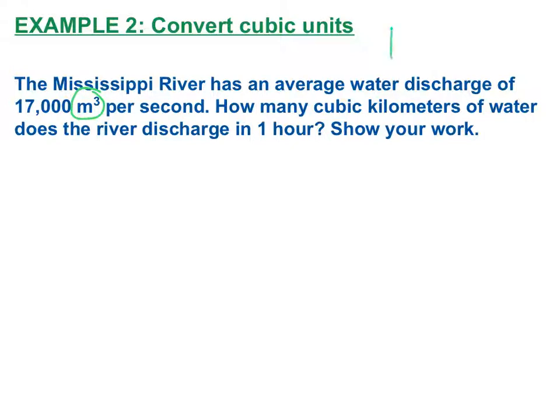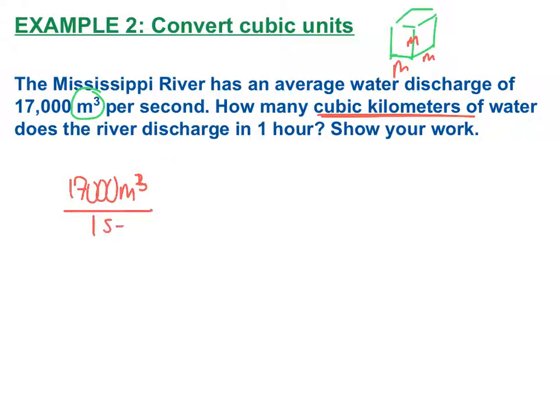When you think about a meter times a meter times a meter, we get a volume, and we're changing it to cubic kilometers. So we have 17,000 meters cubed per 1 second.